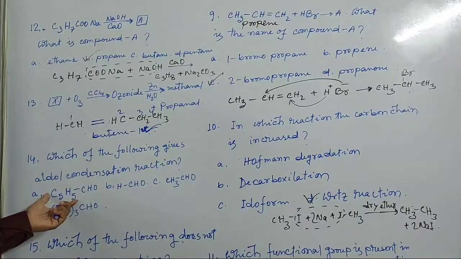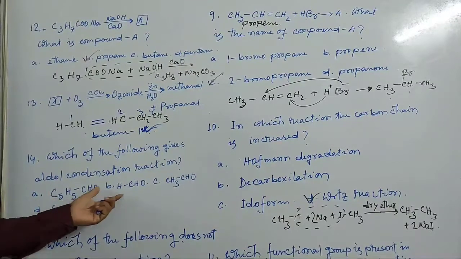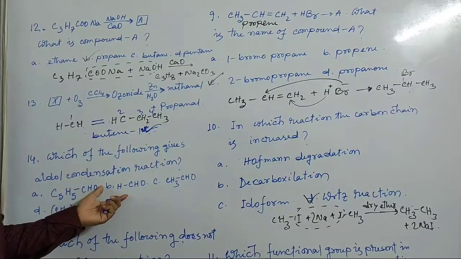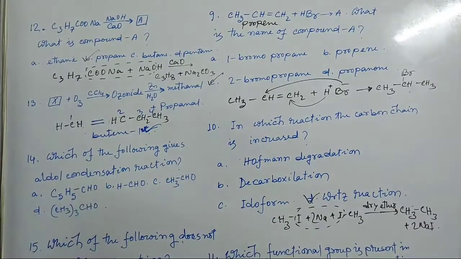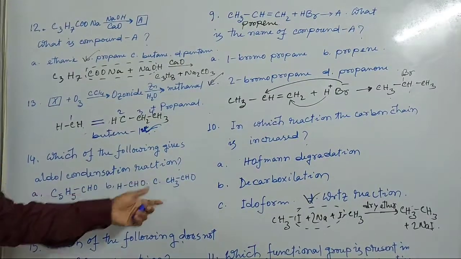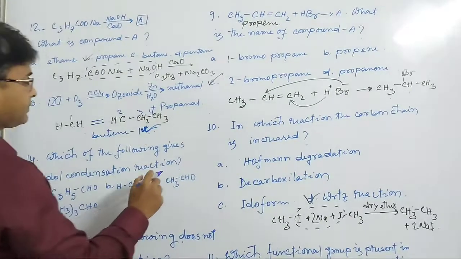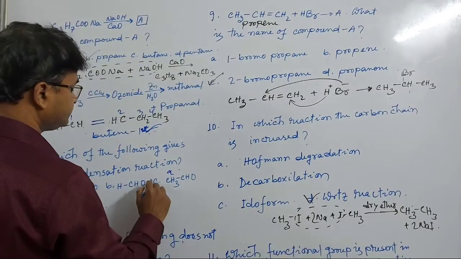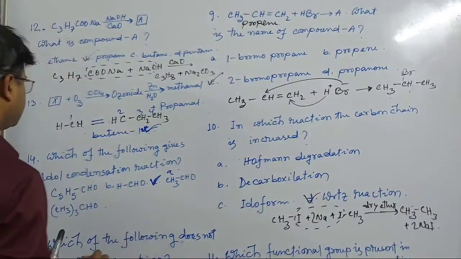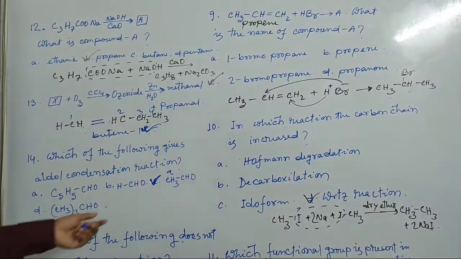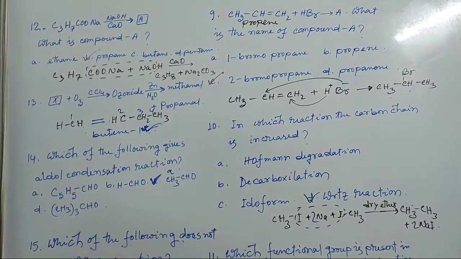Benzaldehyde contains an alpha carbon but there is no hydrogen atom. Methanal contains no alpha carbon. Ethanal contains an alpha carbon, that's why ethanal gives the aldol condensation reaction. So choice C will be correct.